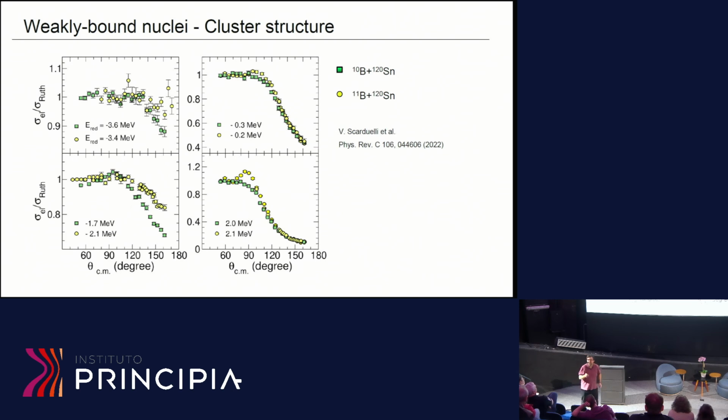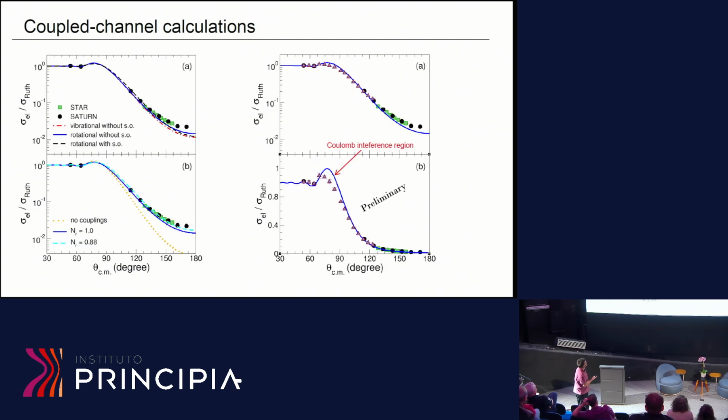So there's something funny, and it seems to be around this energy. If we go to 40 MeV, as I showed before, it looks like the data is following the trend of the calculation. It's something that we have to look at.